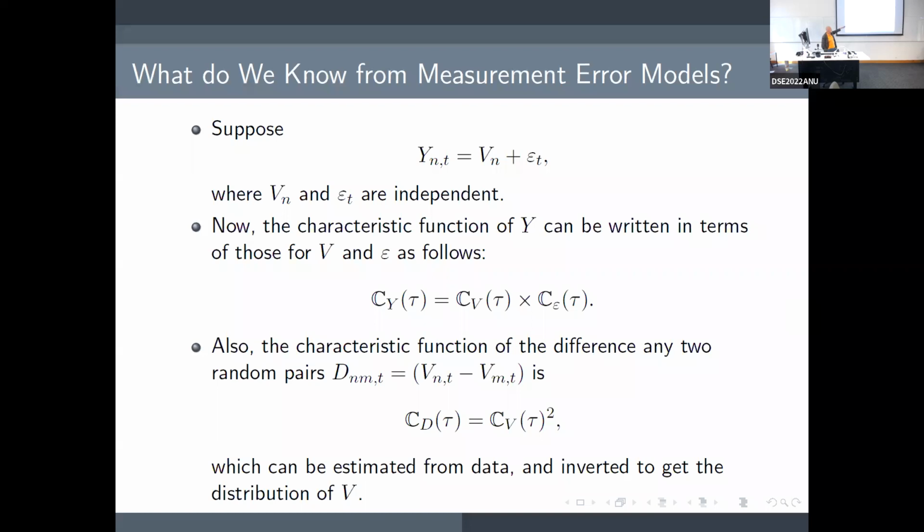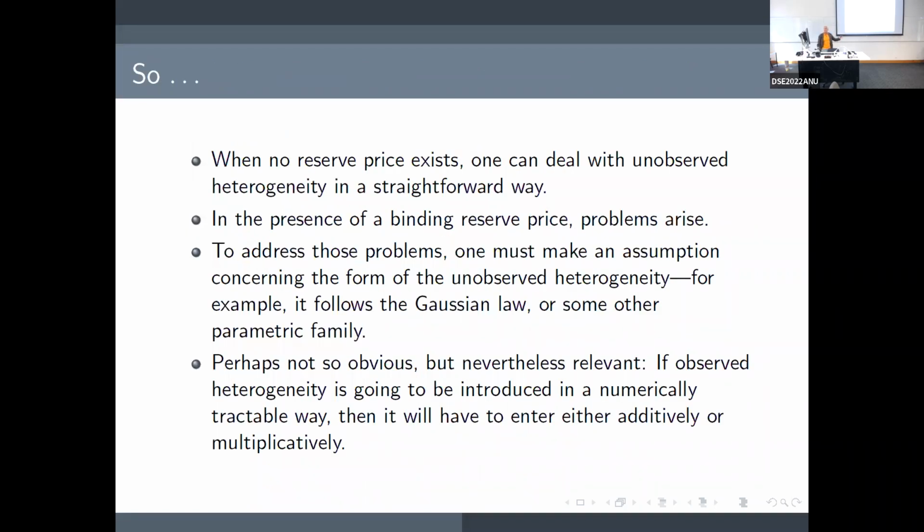And you can basically take differences of random pairs, and that will then give you a characteristic function of the difference, which is the square of the valuation's. So if you have an estimate of the characteristic function of the difference, you can get an estimate of C_V by just taking the square root, and then using the Fourier inversion transformation, you can get the distribution of V, and then you can work on the rest.